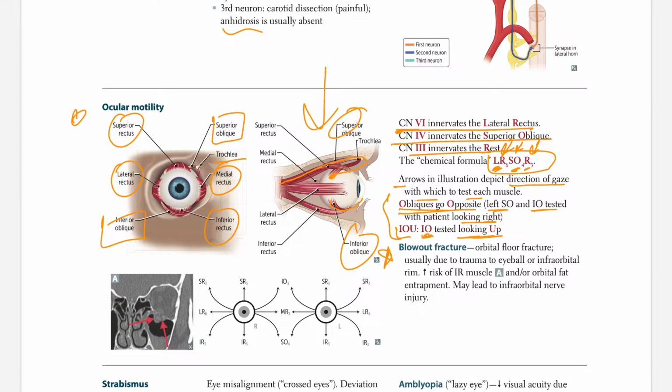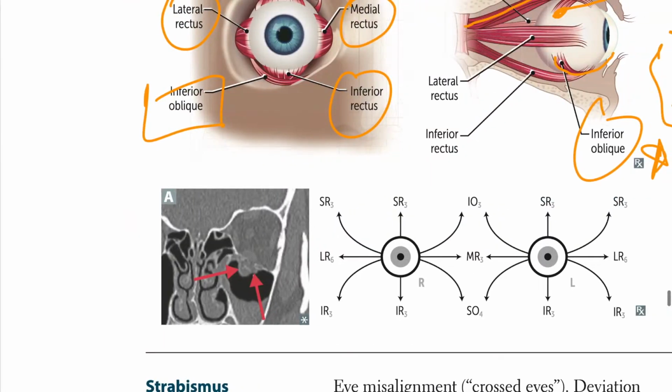But more important here is this blowout fracture. Simple but important. It is an orbital floor fracture, usually due to trauma to an eyeball, or infraorbital rim. Taking a look at this picture, this is the eyeball.